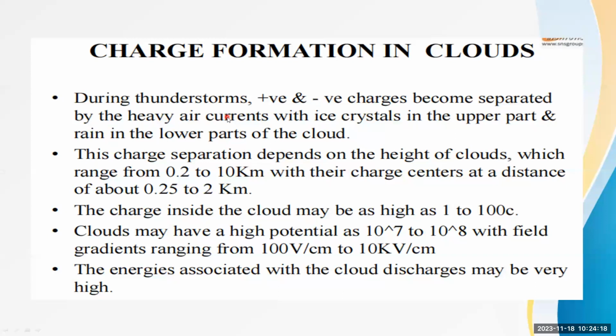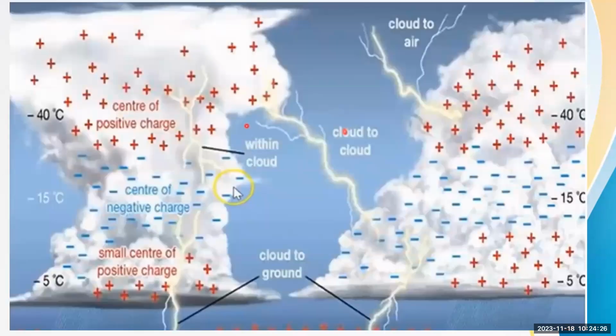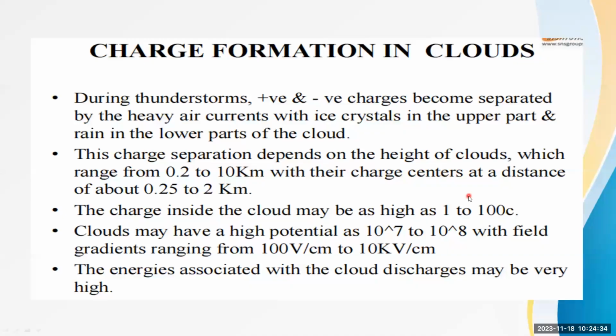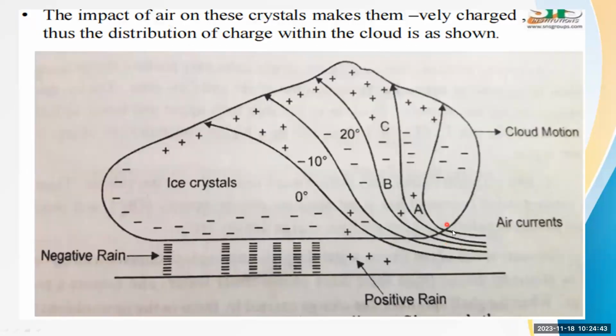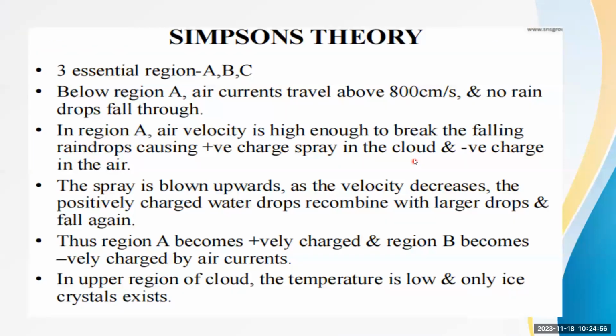During thunderstorms, positive and negative charges are separated by heavy air and rain currents. Because of this, positive and negative charges are separated. The upper part of the cloud has positive charges, and the lower part of the cloud has negative charges. So because of heavy air currents, the positive and negative charges are separated.